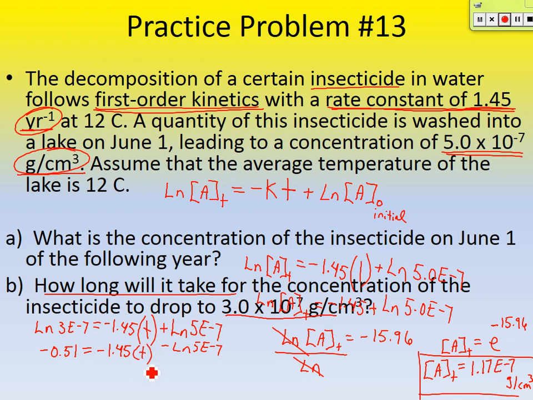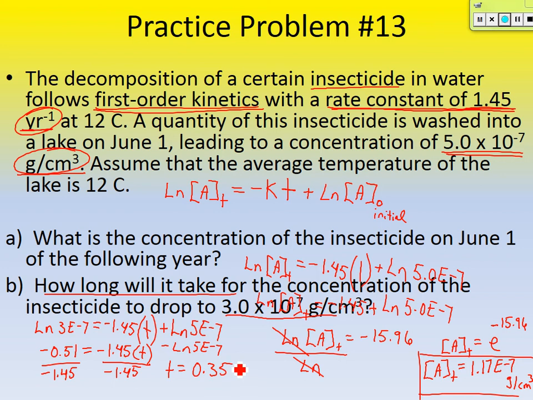How do we get t by itself? How do we get this t by itself, guys? Divide by minus 1.45. So let's take that and divide it by a negative 1.45. And what do we get for t? 0.35.